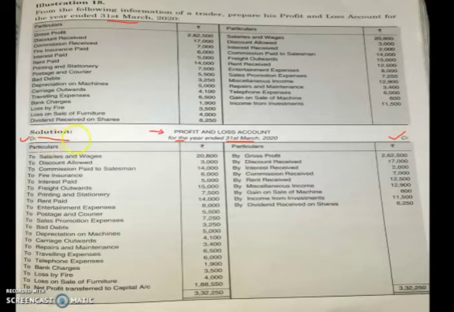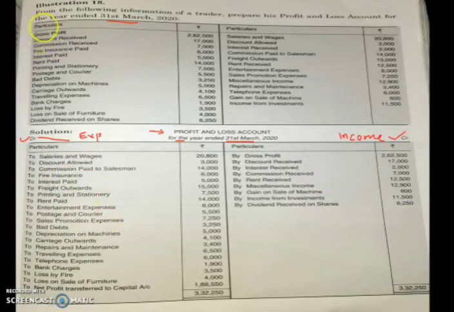As you know, this is your expenses side, so I will write here expenses. And this is your income side. All sorts of incomes will appear here, and all sorts of indirect expenses will be recorded on the debit side of the profit and loss account.